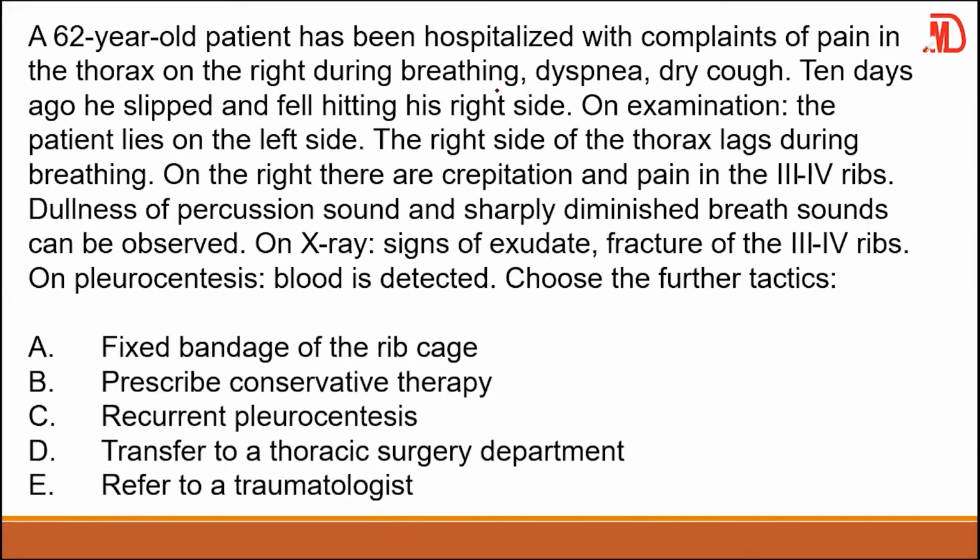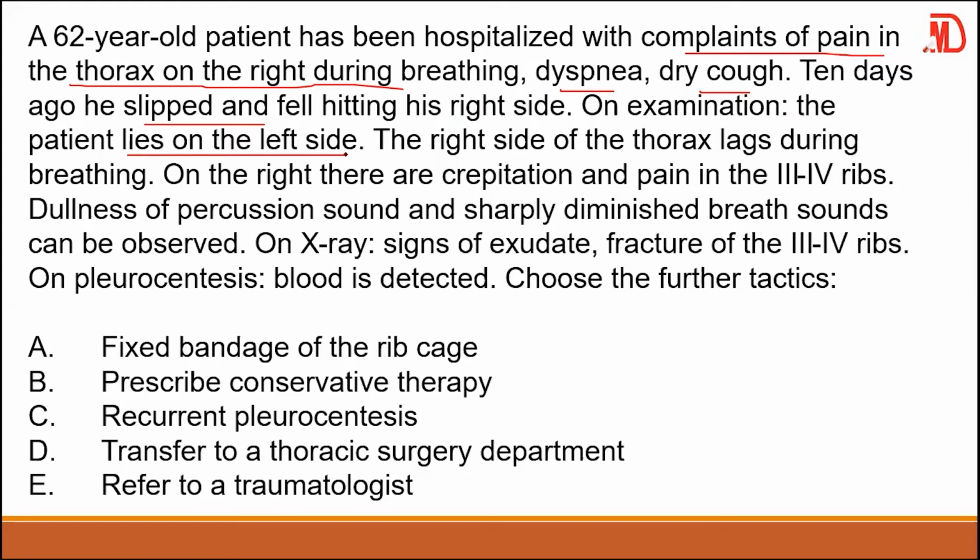A 26-year-old patient has been hospitalized with complaints of pain in the thorax on the right during breathing. Dyspnea, dry cough. 10 days ago, he slipped and fell, hitting his right side. On examination, the patient lies on the left side.